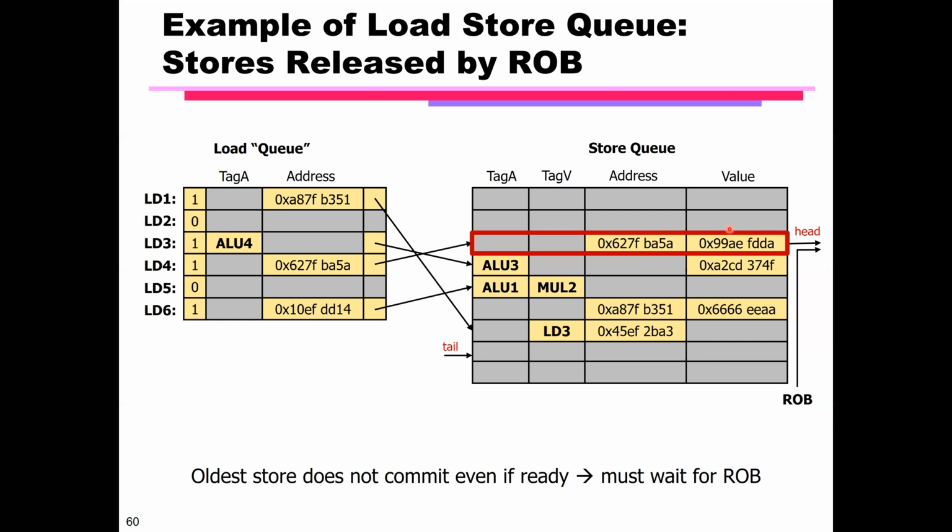Every operation that was not a store but was before this store must have already committed. So the reorder buffer has to tell me that I'm the oldest instruction in the machine, and now it is time for me to commit. If I don't get the confirmation from the reorder buffer, I will not commit.